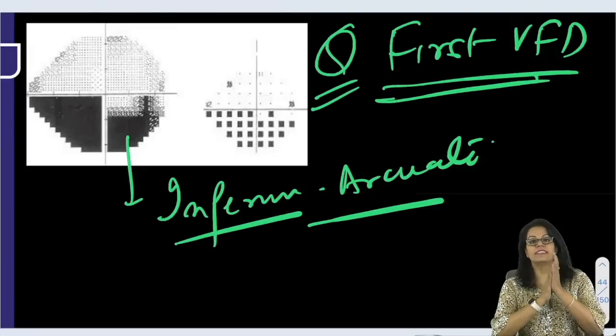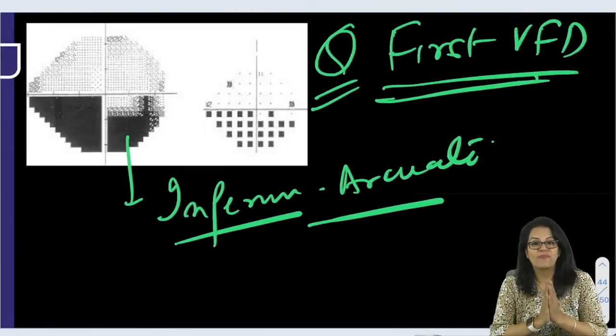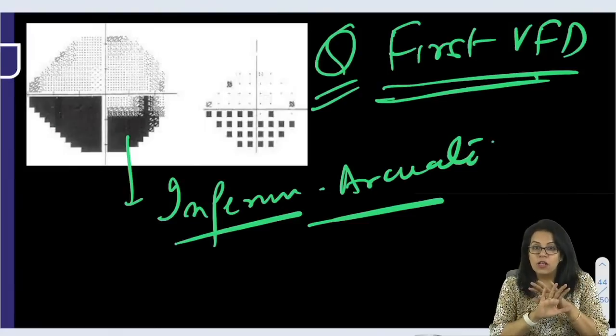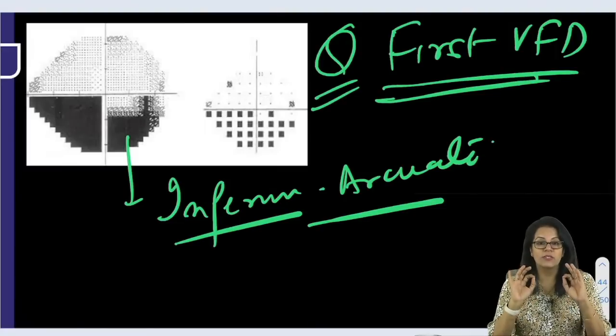Now this again needs some mention here. Please listen to me, pay attention, look at me here. First field defect in glaucoma is not isopter contraction. It is paracentral scotoma in Bjerrum's area.